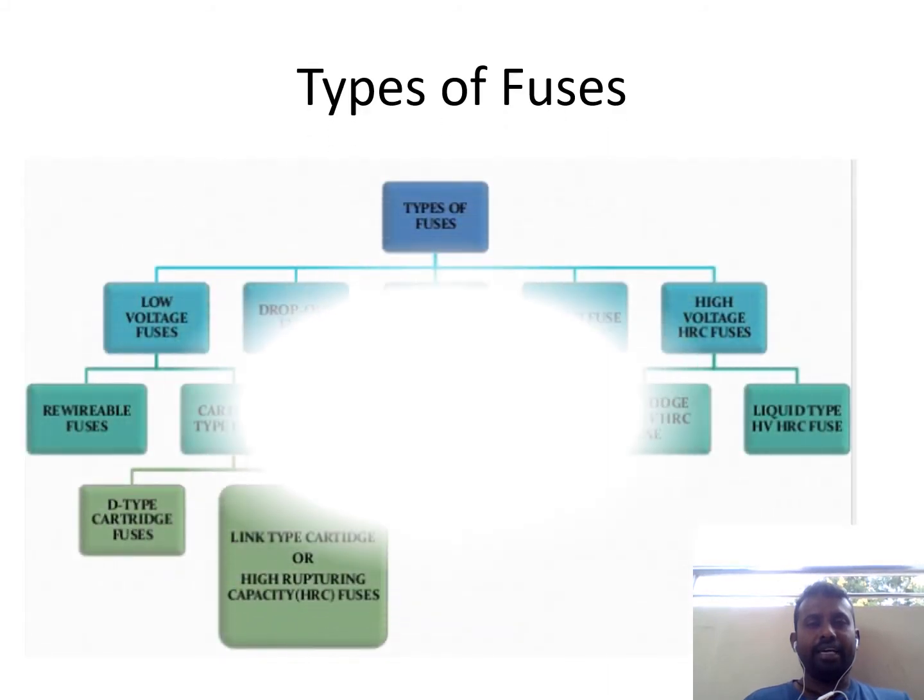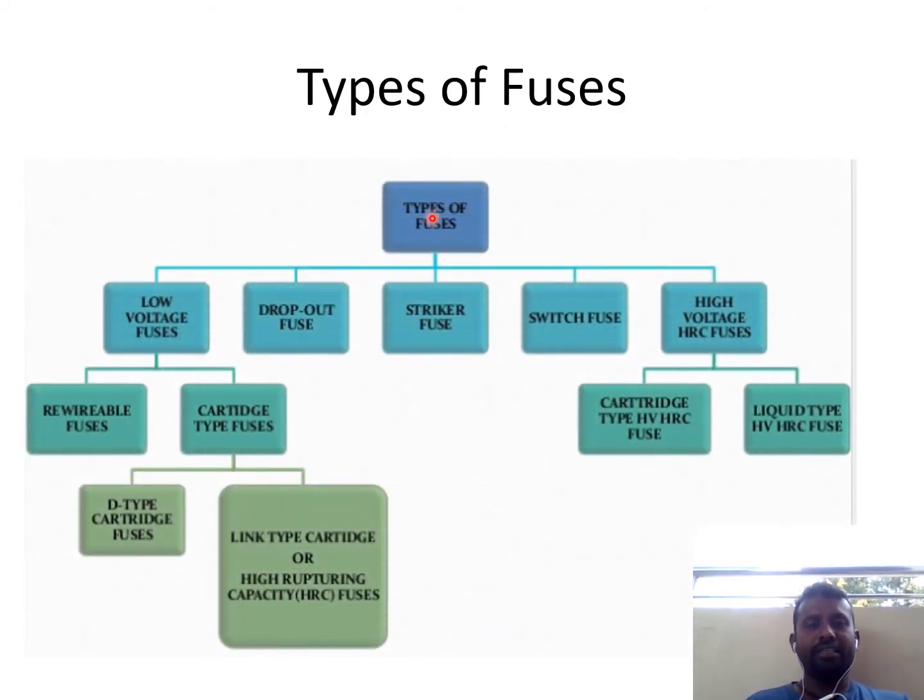Now, what are the different types of fuses? Fuses are basically classified into low voltage fuses, dropout fuses, striker fuses, switch fuses, and high voltage HRC fuses. The low voltage fuses are further classified as rewirable and cartridge type fuses. These cartridge type fuses are again classified as D type and link type or HRC type fuses.